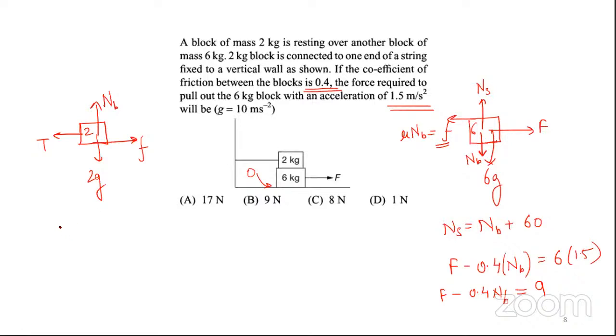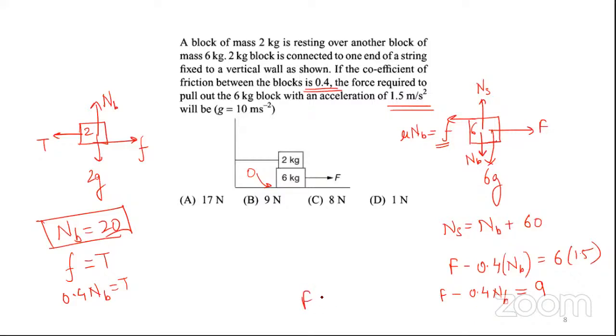So there's no movement in vertical, so NB equals 20, and it is not moving in horizontal direction as well. So f equals T. What is f? f is mu into NB, that is 0.4 NB equals T. The question doesn't ask about tension, so we can just ignore this. What's important for us is this NB equals 20. We'll substitute it everywhere.